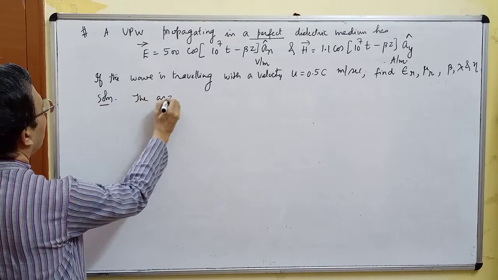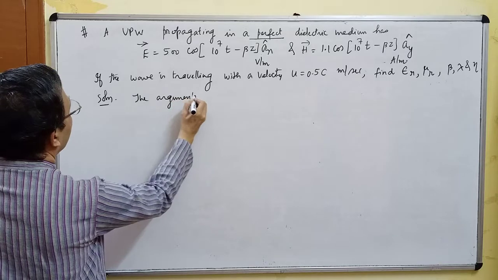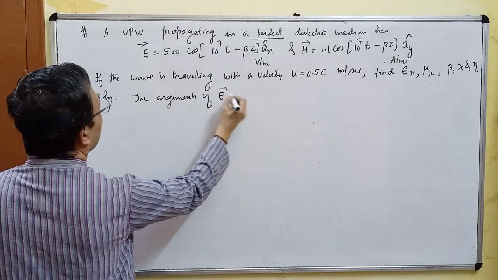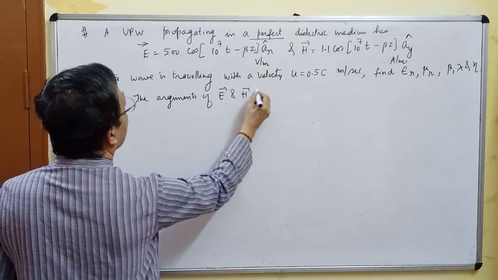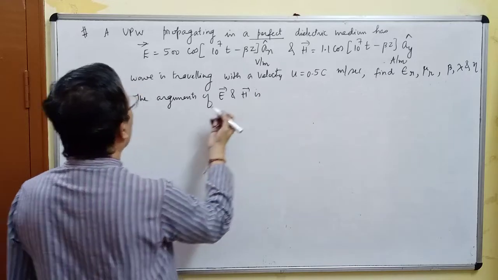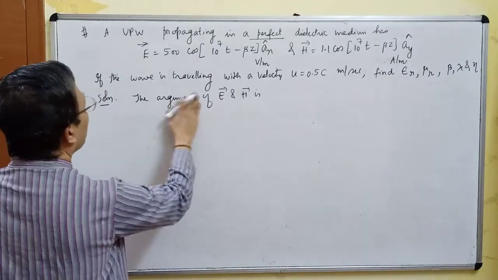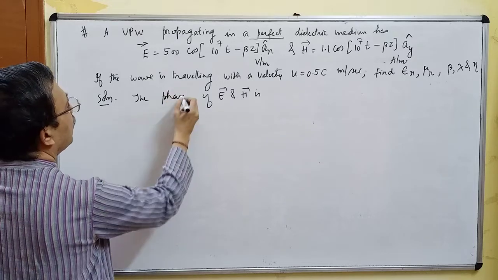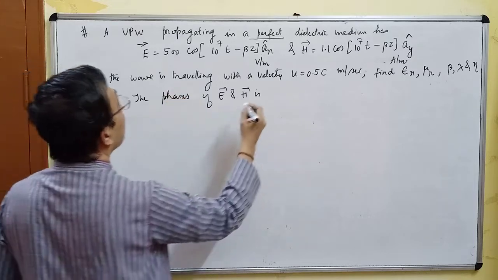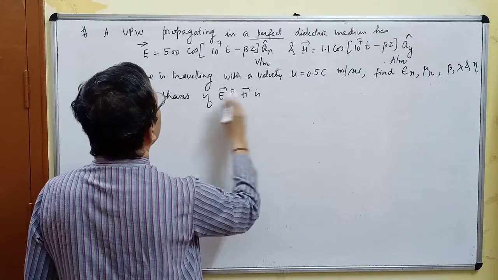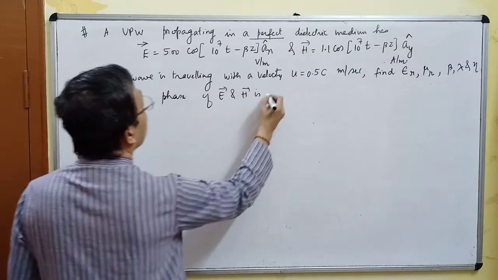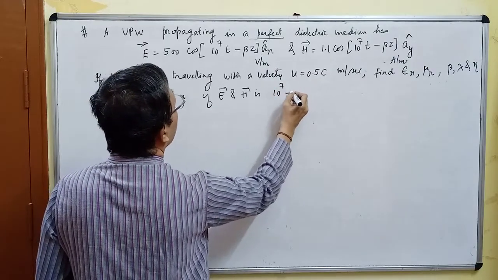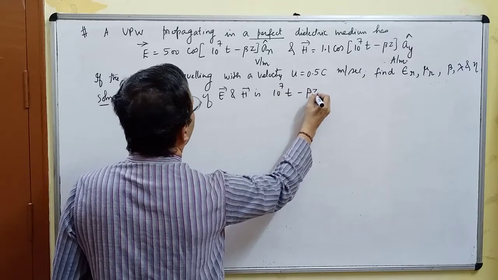The arguments of vector E and vector H, argument means phase, so instead of argument I'll write phase. The phase of vector E and vector H is 10 to the power 7 into t minus beta z.